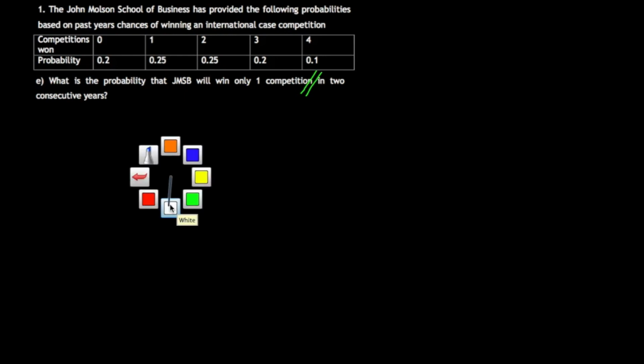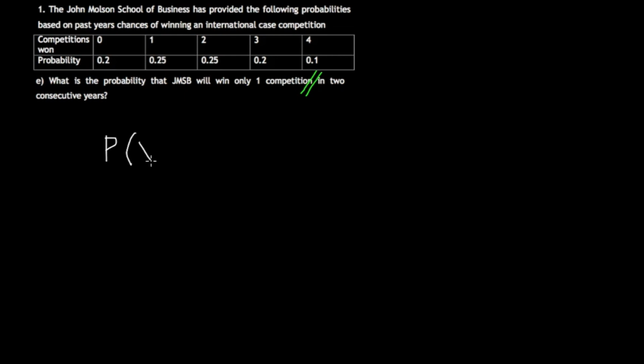So let's start with that. Once again, let's translate that into the mathematical form. So we want to know the probability of winning only one competition. So we know that's 0.25.